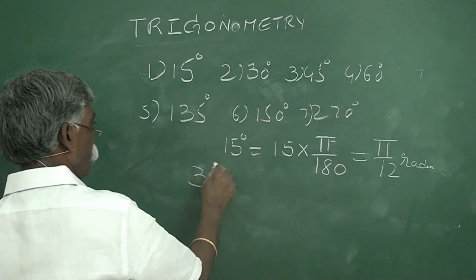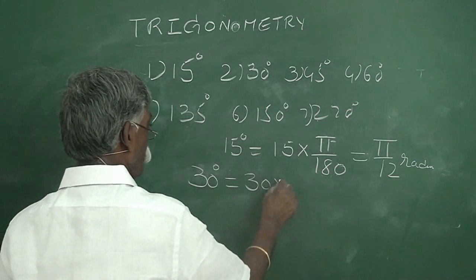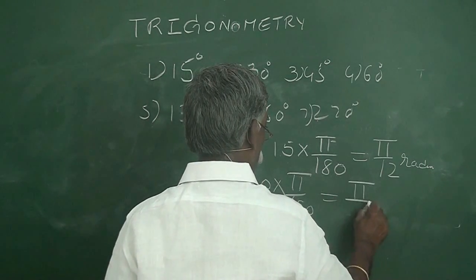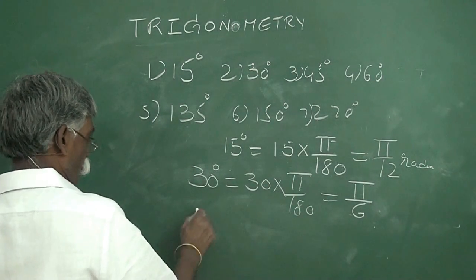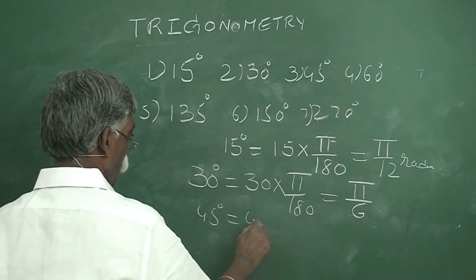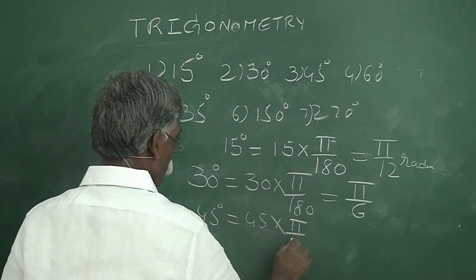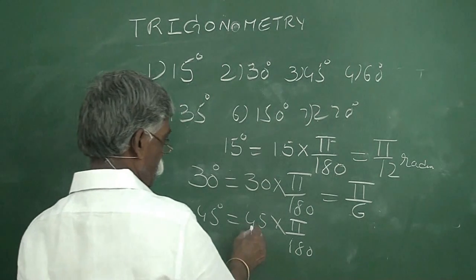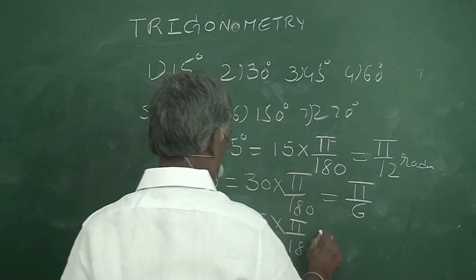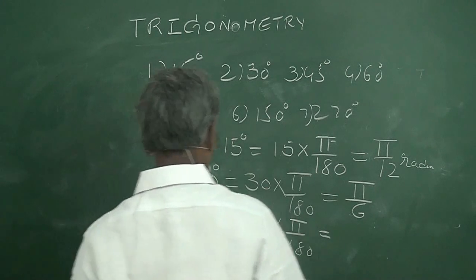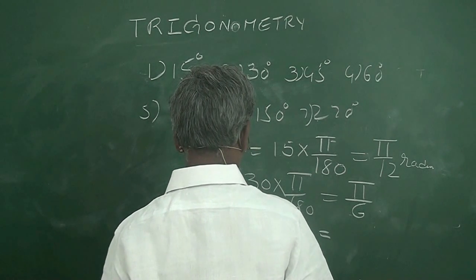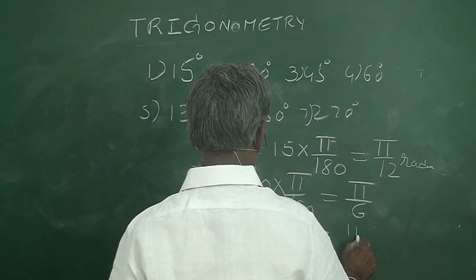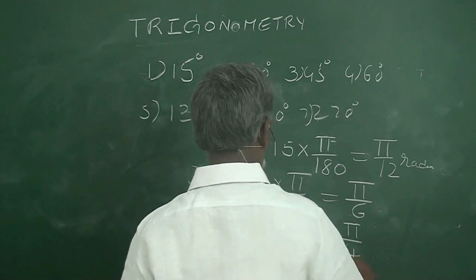Then 30 degrees is equal to 30 into pi by 180, and this is pi by 6. 45 degrees, 45 into pi by 180, 15 goes 3 times and 12 times, 3 goes 4, therefore this is pi by 4.